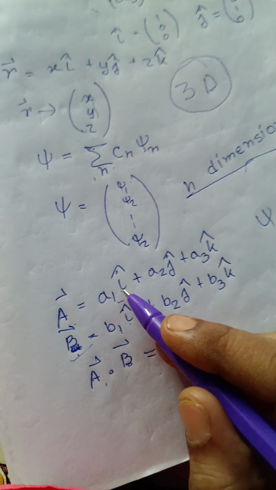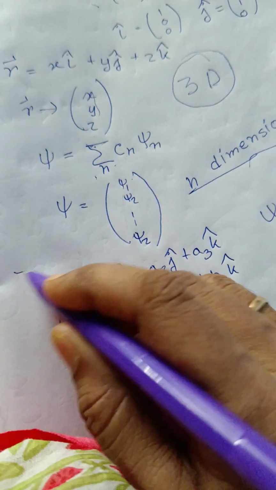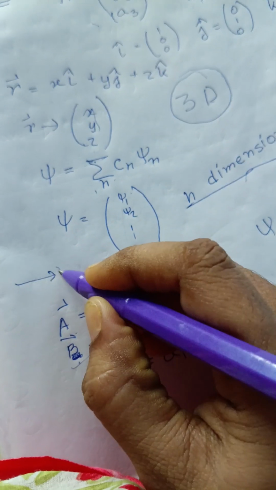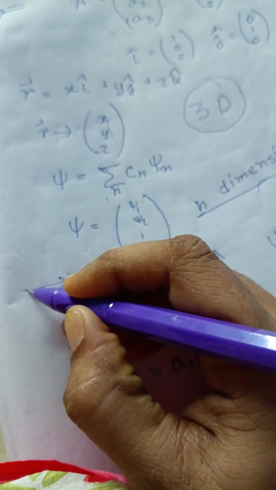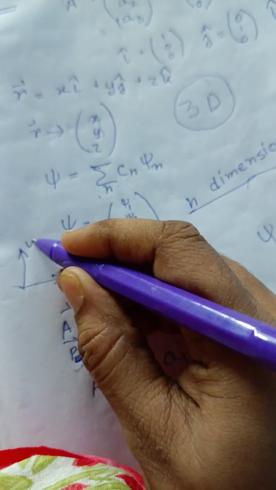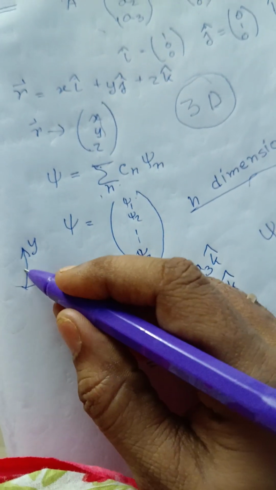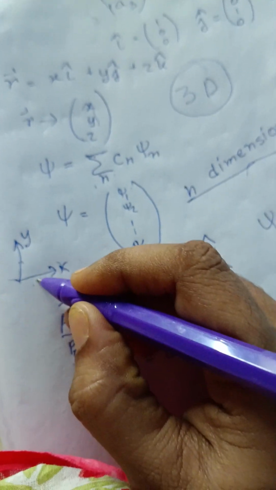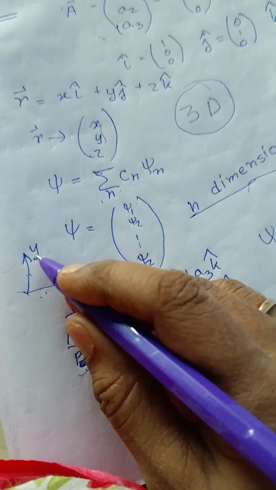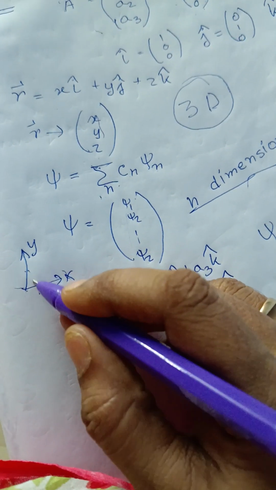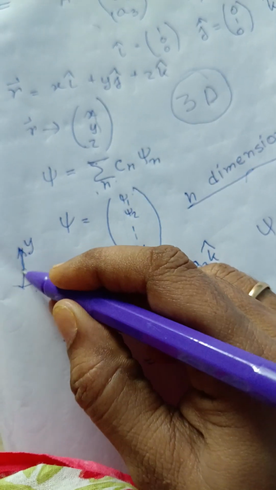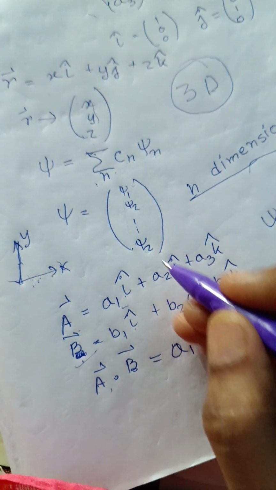Remember, this i cap is the unit vector along the x axis and j cap is the unit vector along the y axis, and this x axis and y axis are mutually perpendicular. So x component and y component are linearly independent. They don't depend on each other at all.